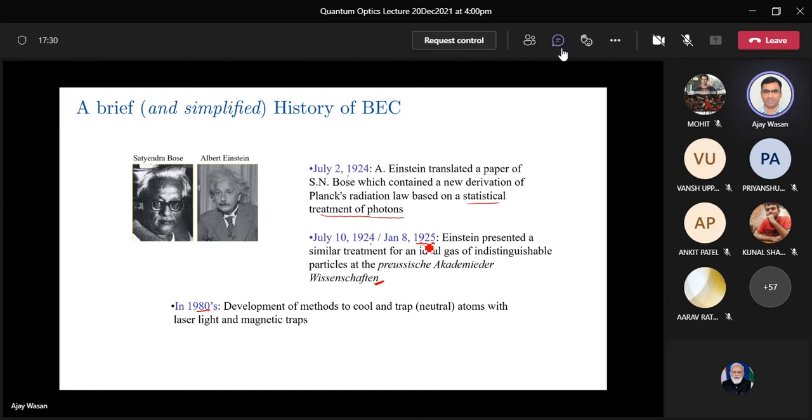Here the theory was given, but in between people tried. From 1925 to 1980, people kept on trying; we should get the Bose-Einstein condensation. But there were limitations from 1925 to 1980. We did not have very nice instruments to make the vacuum.